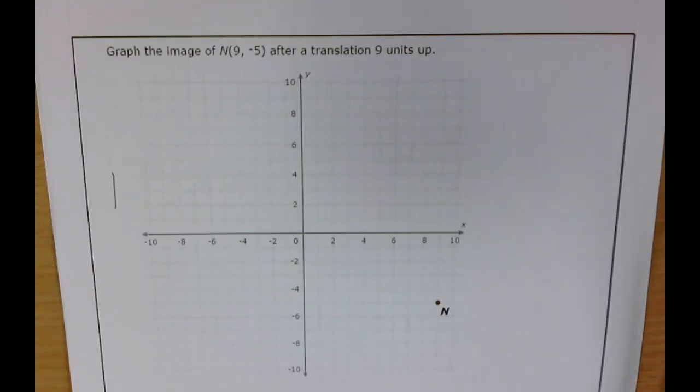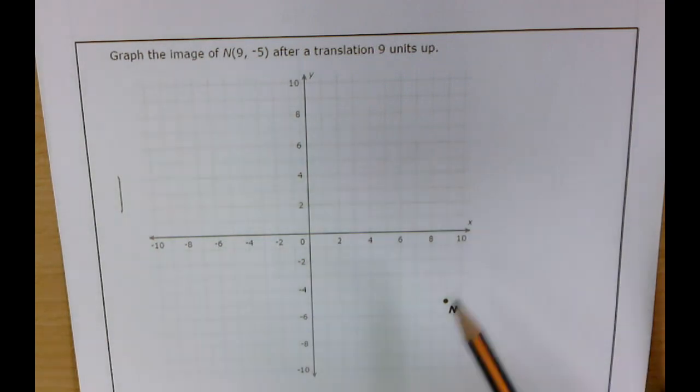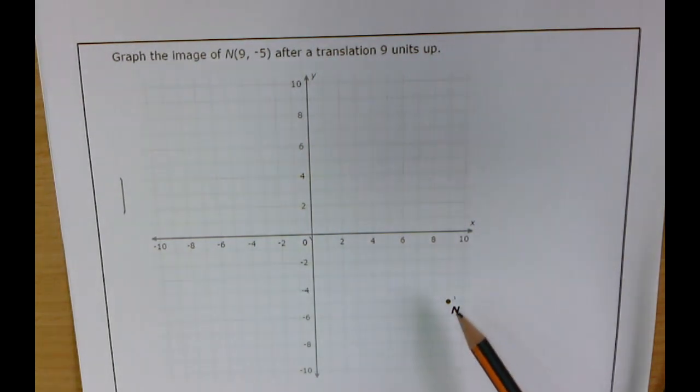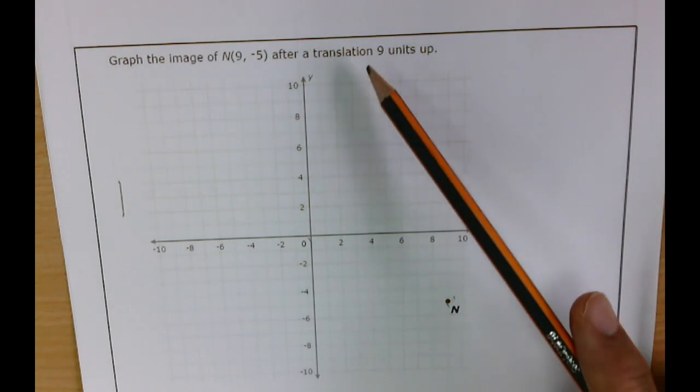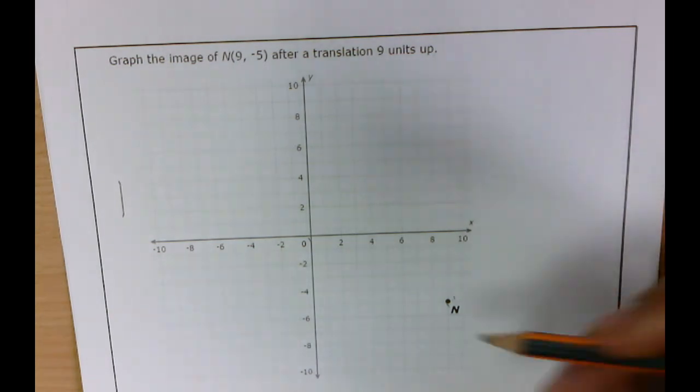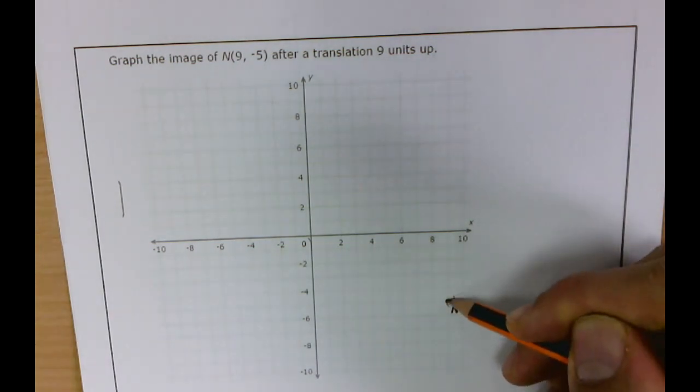Okay, so let's take a dot and we're going to go ahead and translate it. As we mentioned in our previous lessons, the origin is the 0, 0, but in this case our origin is going to be our dot. So the problem says to translate 9 units up. Up means to go up, so that's what we're going to do. Put your pencil on the N, and we're going to count up 9 spaces.